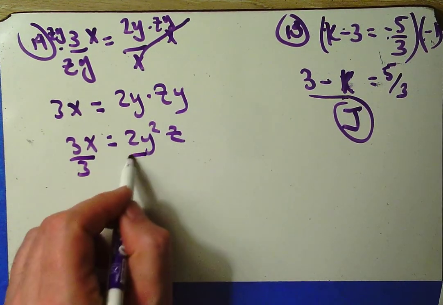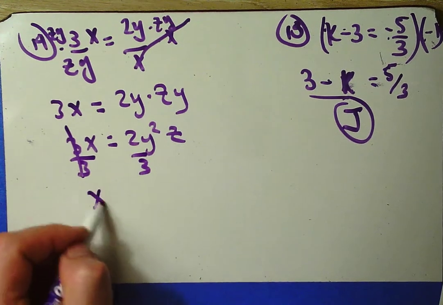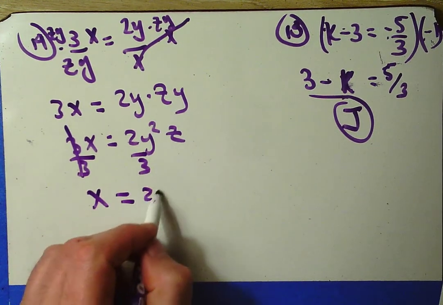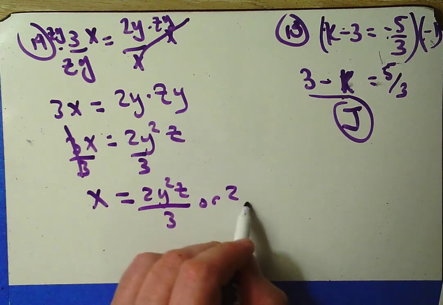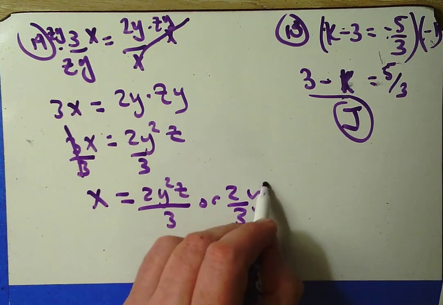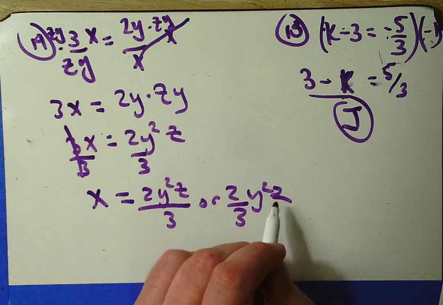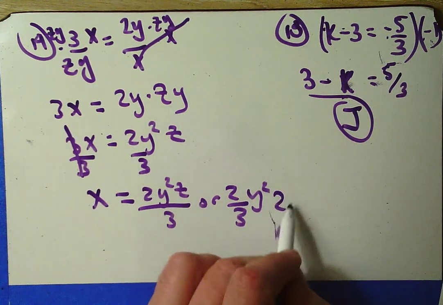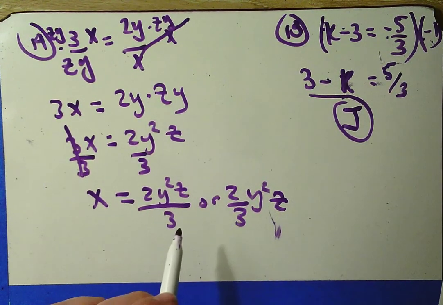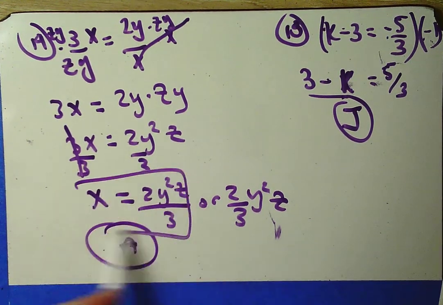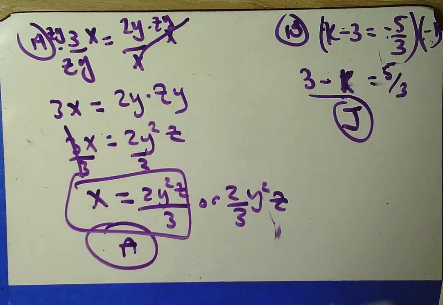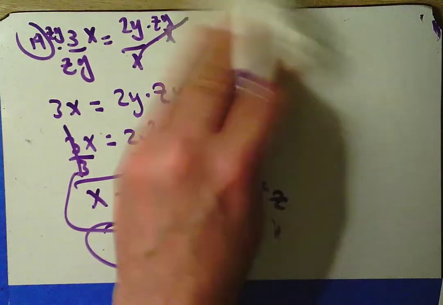So I also need to divide by 3. I get x equals 2y squared z over 3, or 2/3 y squared z. This is choice A for number 19. Number 20.